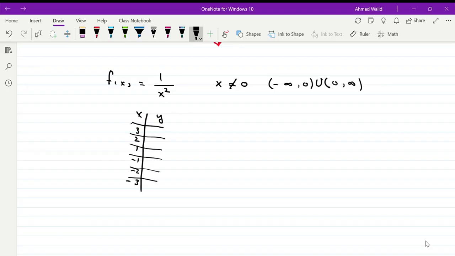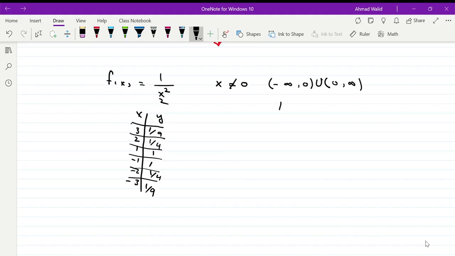Correct? Plug in these numbers to this function. When x is 3, f of x becomes 1 over 9. When you plug in 2, it becomes 1/4. When you plug in 1, it becomes 1 over 1, which is 1. Plug in -1, again 1. Plug in -2, again 1/4. Plug in -3, again 1 over 9.